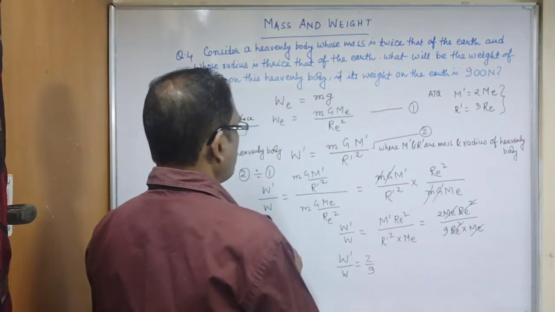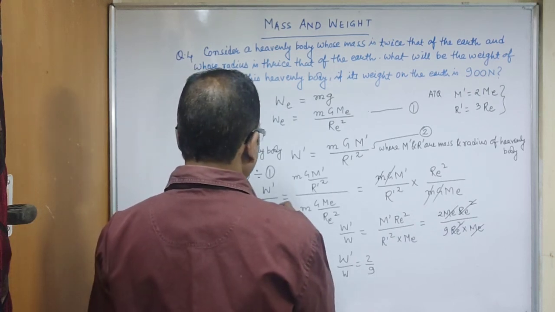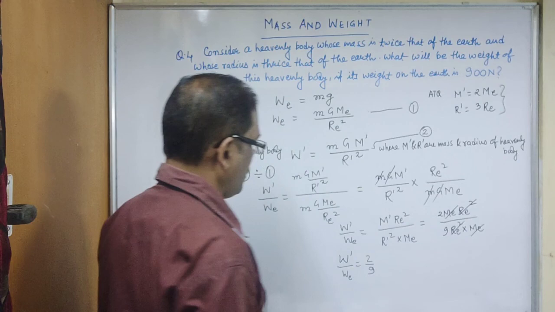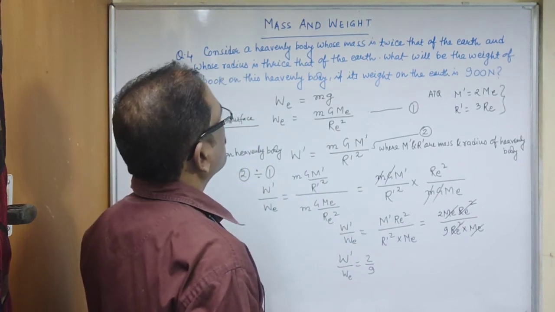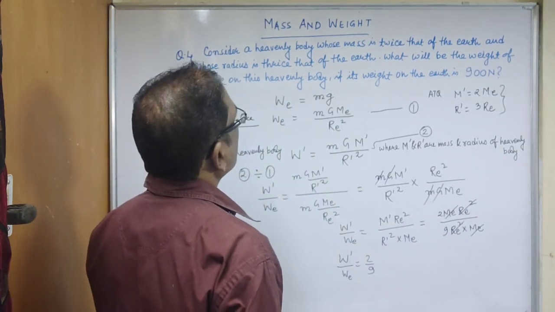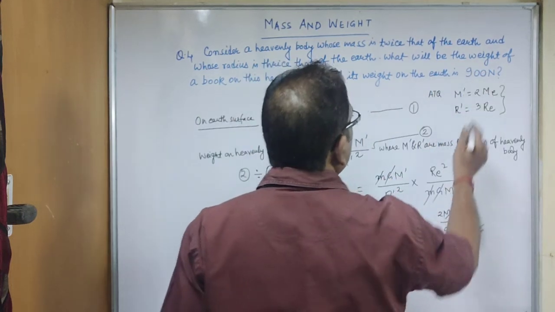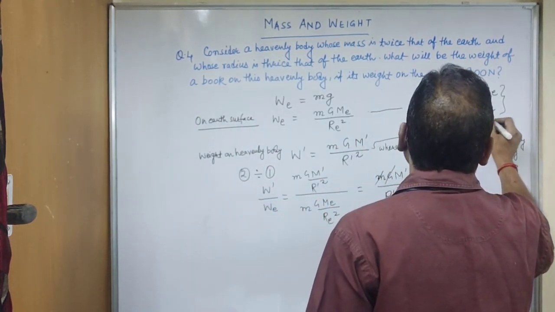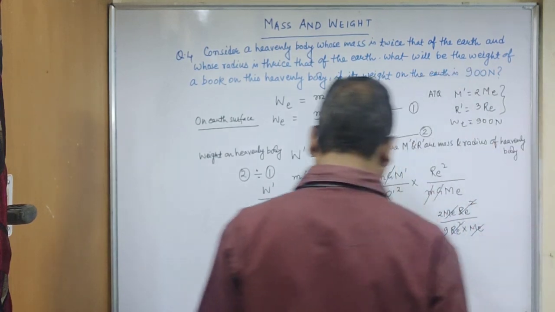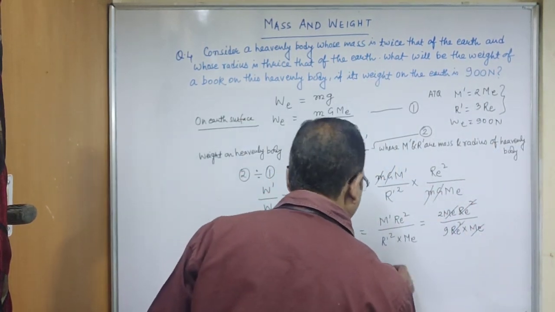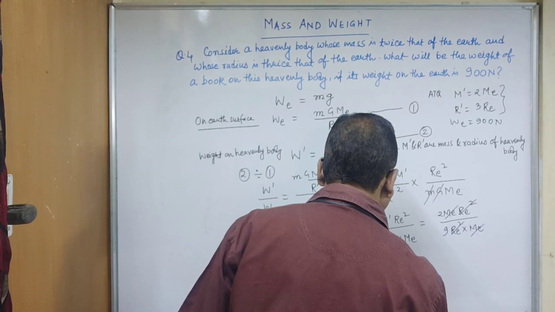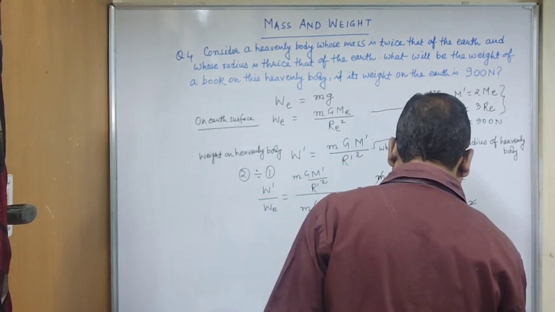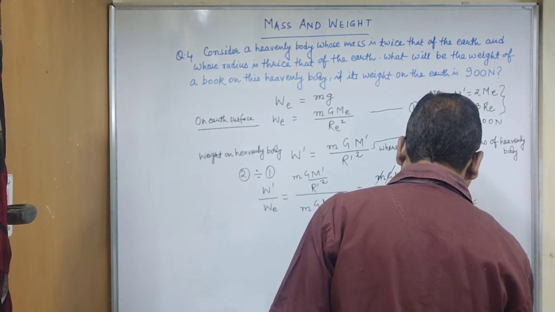Better to write it as We, because earlier we have written weight on the earth. Now it is given that its weight on the earth is 900 Newton. So we can write W dash is equal to 2 by 9 into We.